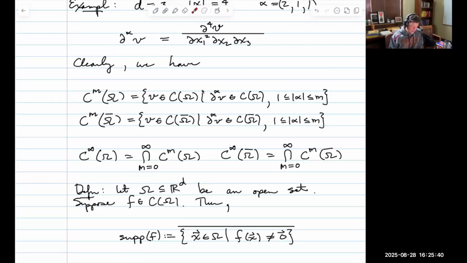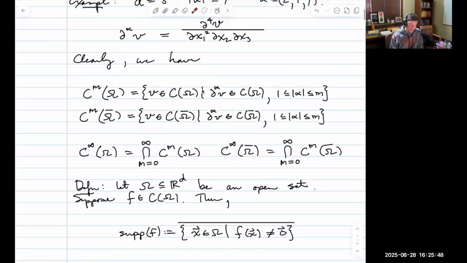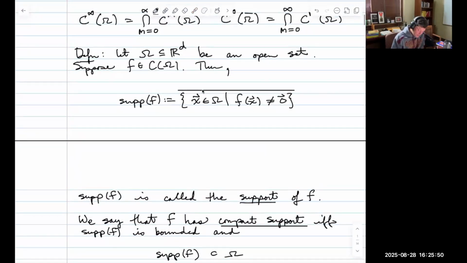So that makes writing these two function spaces very quick and easy. Now, what does it mean for a function over omega from R^d into R to be continuous?